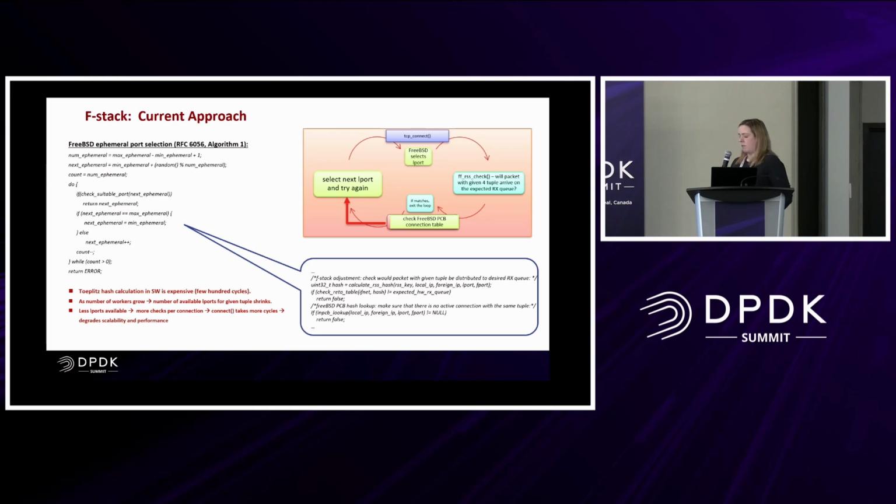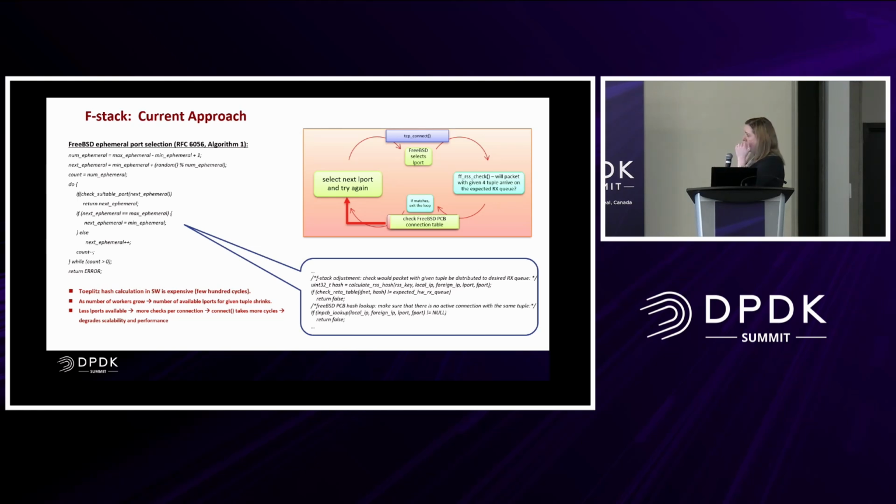So currently, one of the reasons that it can be difficult to scale this with a lot of worker threads is the way it chooses the L port at the moment. It will pick an L port, and then call this RSS check function to check if that L port will make the stream arrive back on the desired RxQ. It will loop until one matches.